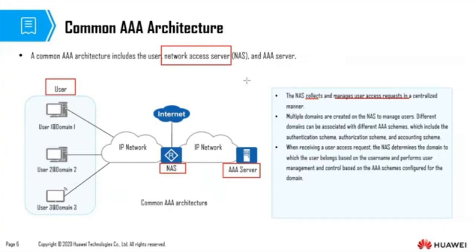So those are the three main components of the AAA architecture that you should be aware of. Okay. Now, there's also the concept of domains. For example, we can see here we have user one at domain one.